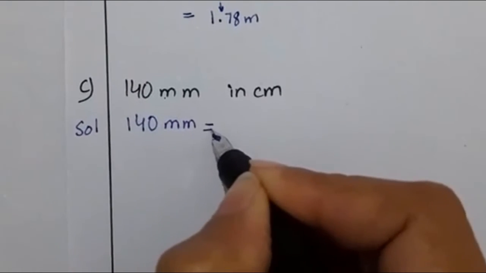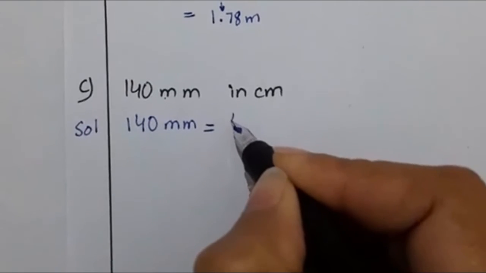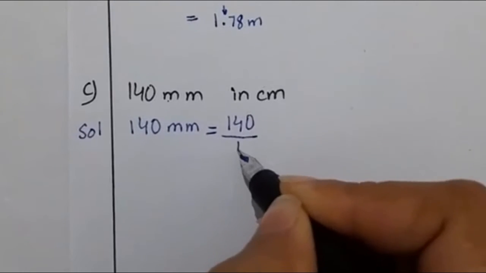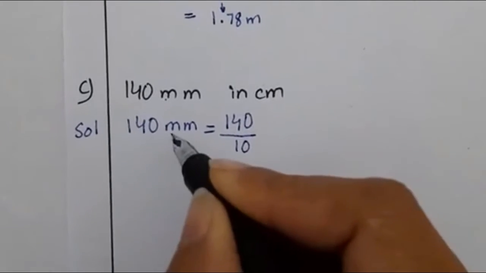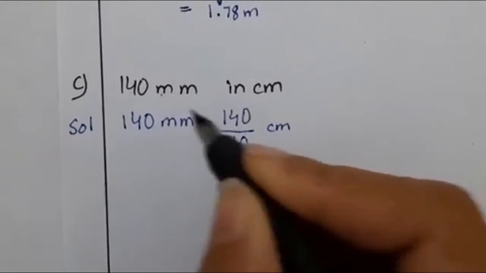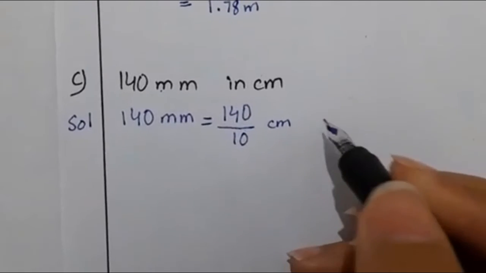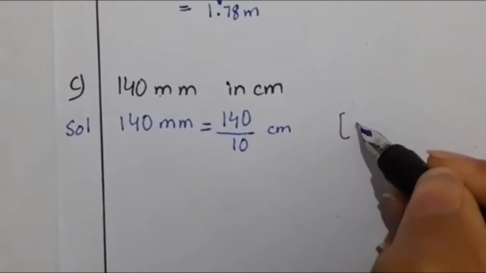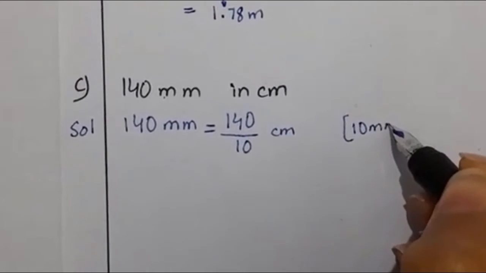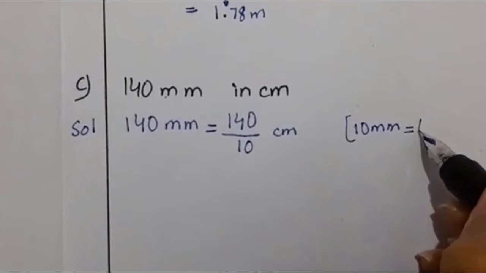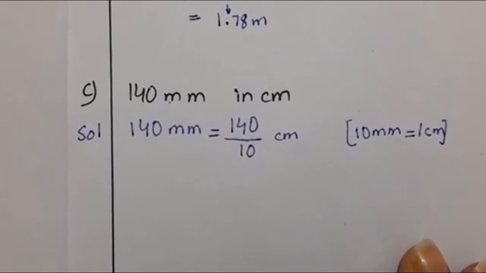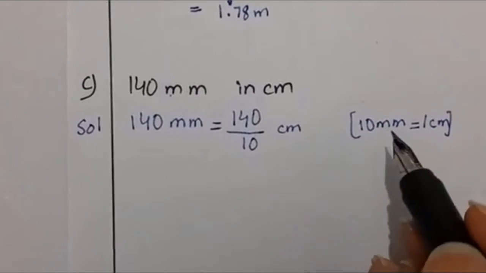As we are converting it into centimeters, I have written equals 140 divided by 10. When I have written divided by 10, I cannot write millimeters, okay? Now I have to write centimeters, and I will write in the bracket that 10 millimeters equals 1 centimeter. On your scale, there are 10 lines in 1 centimeter, so those lines are millimeters.